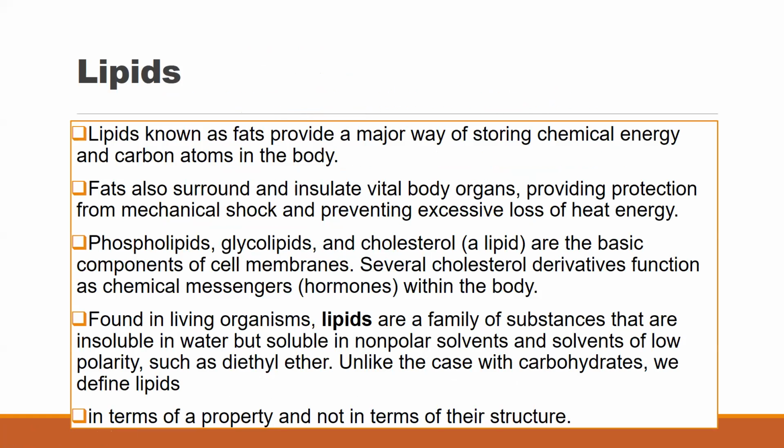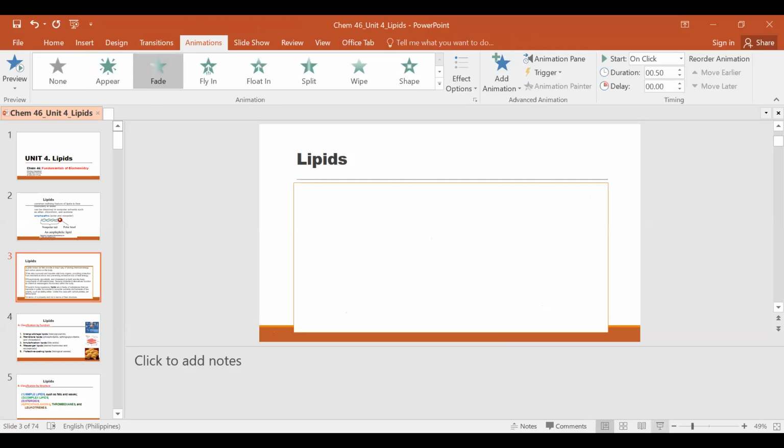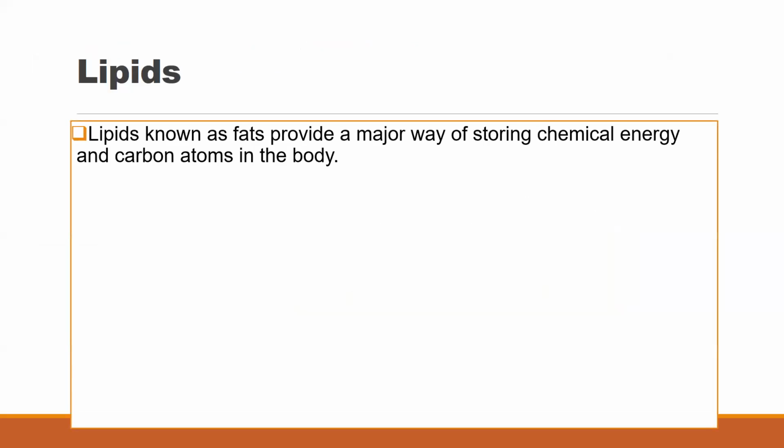So lipids are known as fats. They have other names; they're also referred to as fats. They provide a major way of storing chemical energy and carbon atoms in the body. If you remember in chapter 3, we talked about carbohydrates.